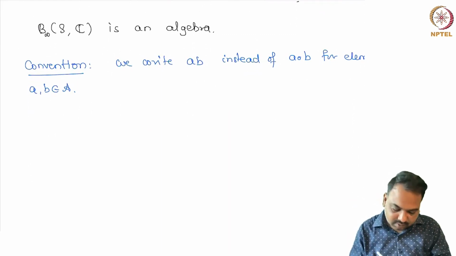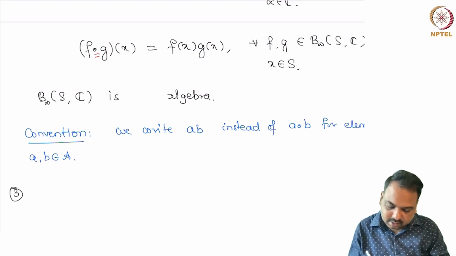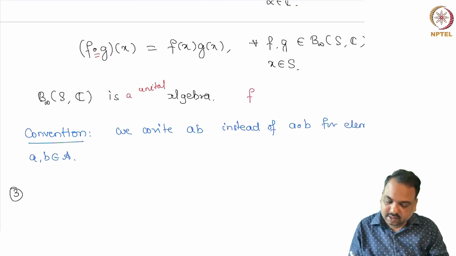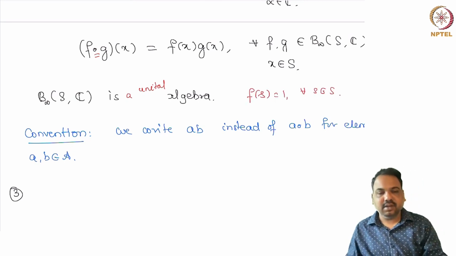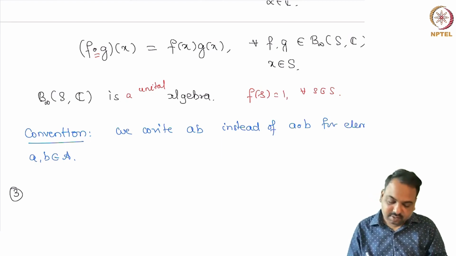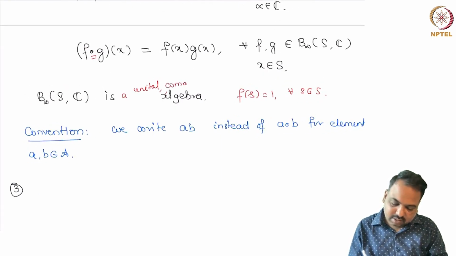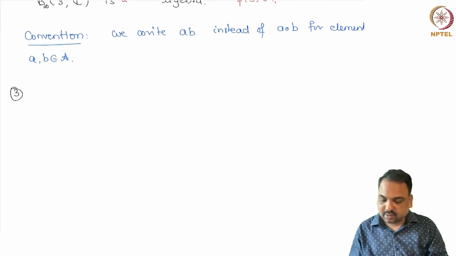Here we can say that this is a unital algebra. If you look at f(s) equal to 1 for every s in S, this becomes a unit element in the algebra, hence it is a unital algebra. In fact, we can show that this is also commutative. This is a unital commutative algebra.